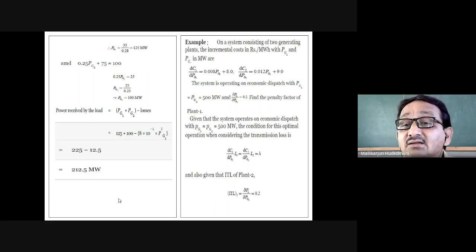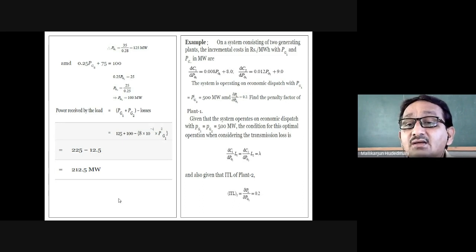Given that the system operates on economic dispatch with Pg1 equal to Pg2 equal to 500, the economic condition for that optimal operation is dC1 by dPg1 into L1 equal to dC2 by dPg2 into L2 equal to lambda. This is the condition.